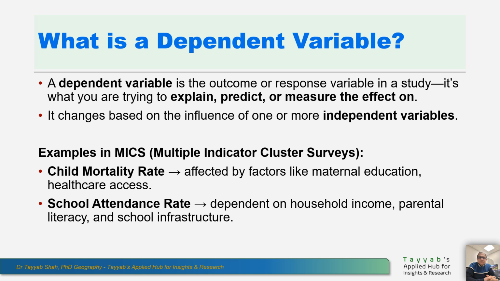Simply, it's the outcome or response variable in a study, and it's what you are trying to explain, predict, or measure the effects on. So it changes based on the influence of one or more independent variables. That's one of the ways you can explain it. It depends on some other variables, and the other variables are considered the independent variables.